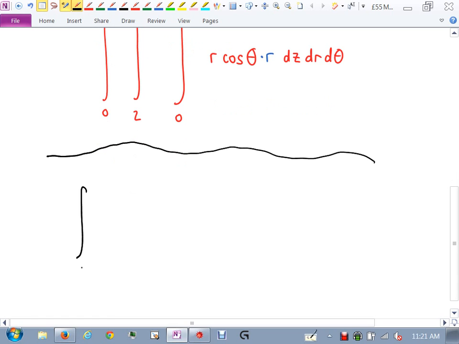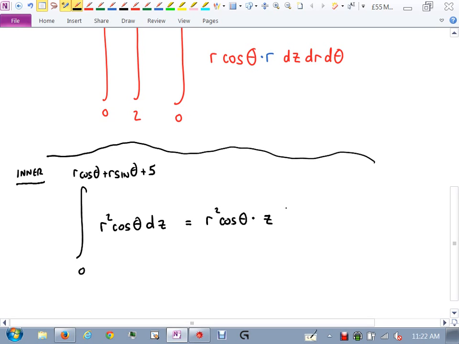So it's the integral from 0 to r cosine theta plus r sine theta plus 5 of r squared cosine theta dz. This is my inner integral, which should be the antiderivative of r squared cosine theta with respect to z, which is r squared cosine theta times z, evaluated from z equals 0 to z equals r cosine theta plus r sine theta plus 5.